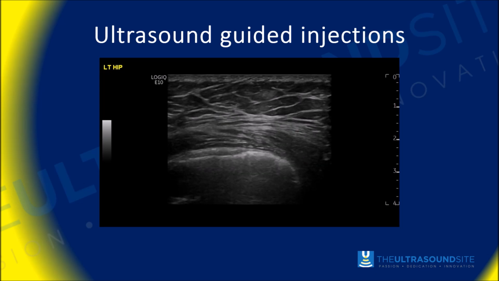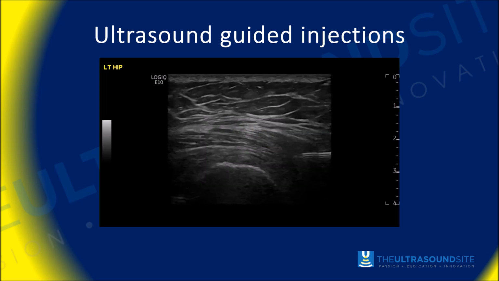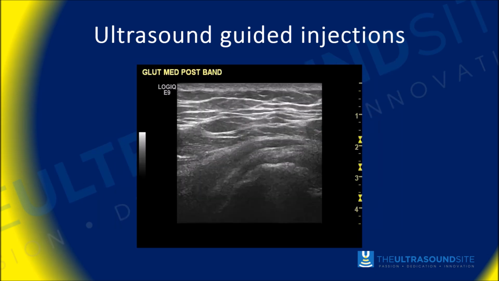And it also helps us to demonstrate, gives further evidence, that an injection was appropriate. So for example, is there a partial thickness tear of the tendon that we're about to inject around? Things of this nature. So evidence that there was some reason why we might not want to perform that injection.